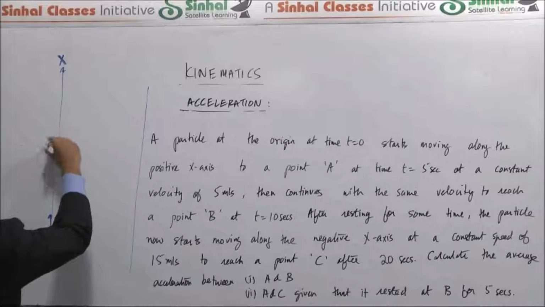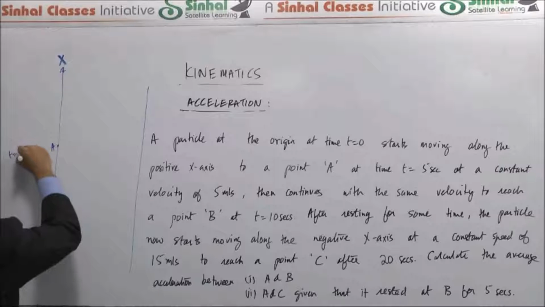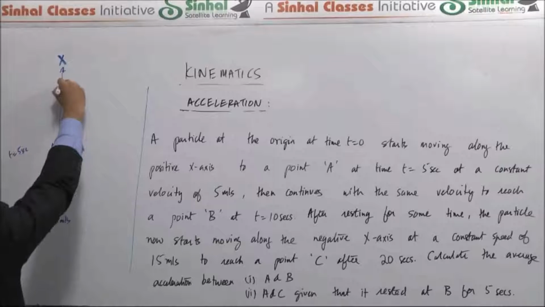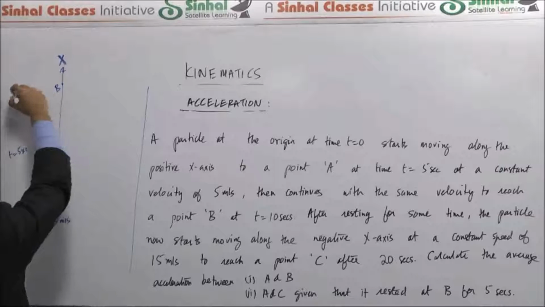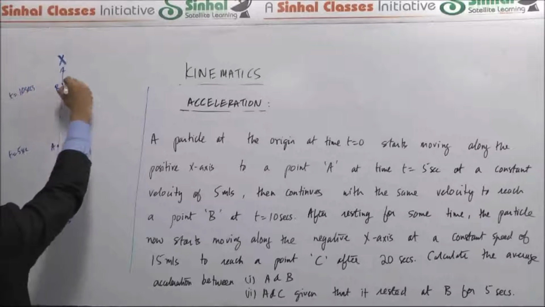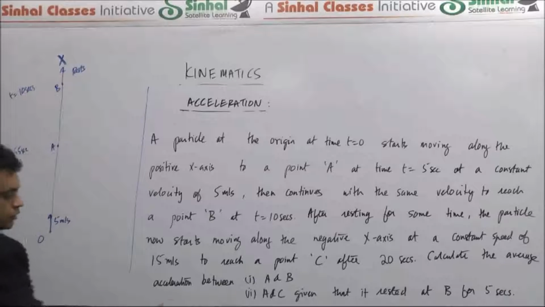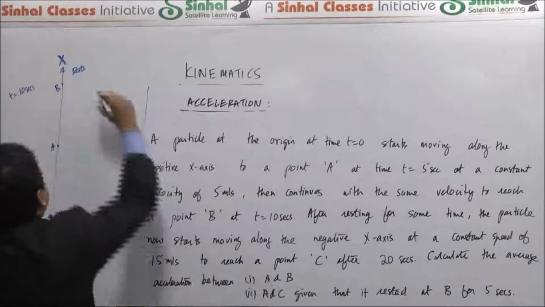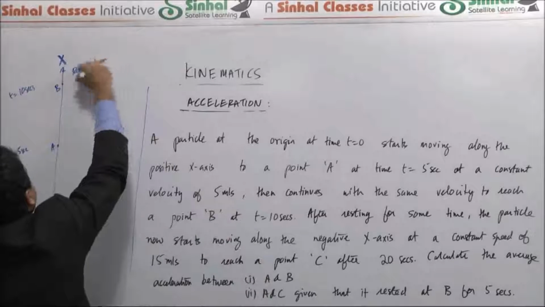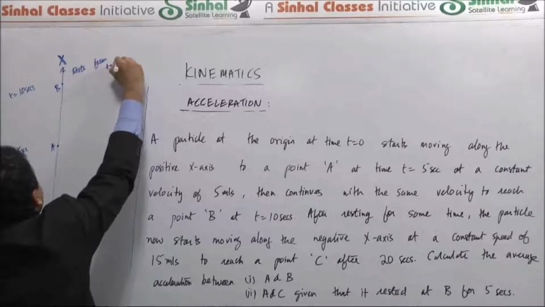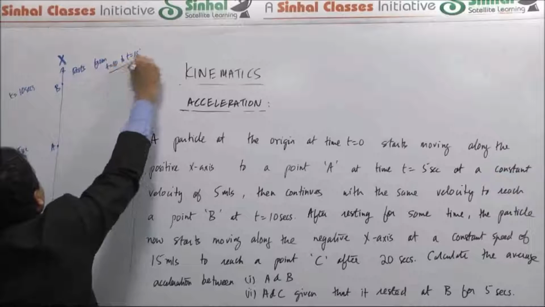Then it reaches the point E at time t equal to 5 seconds, continues ahead, reaches the point B at 10 seconds, then rests for 5 seconds. So you can say it rests from t equal to 10 to t equal to 15 seconds.